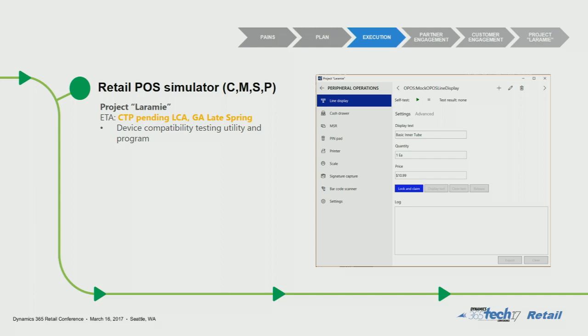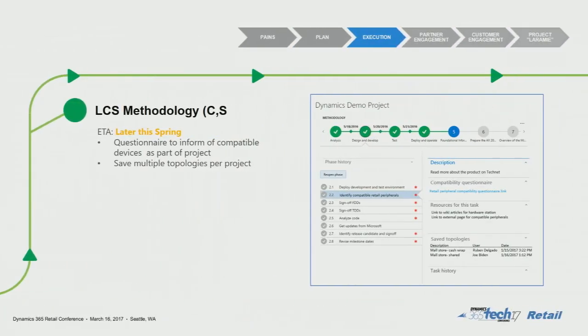This needs to ship out of band because our manufacturing partners don't have access to LCS, and they're not AX folks, and we explicitly created it for that purpose. It's basically to test device compatibility without having to deploy MPOS. So what we test with that utility will then feed into our LCS methodologies.